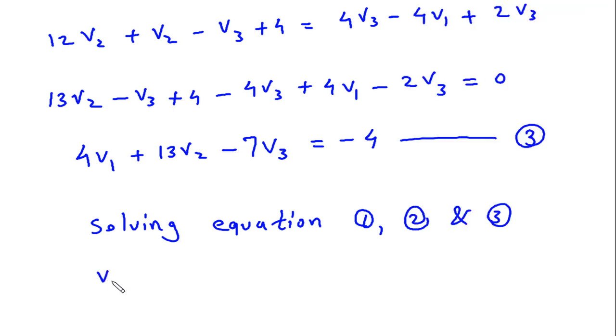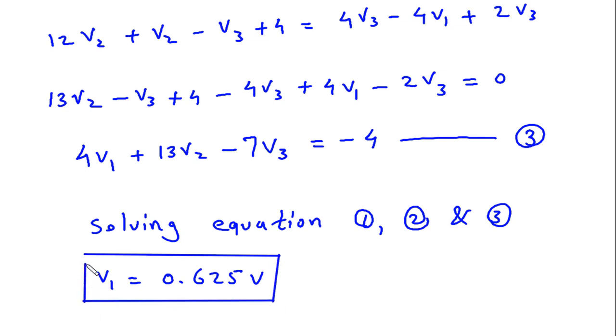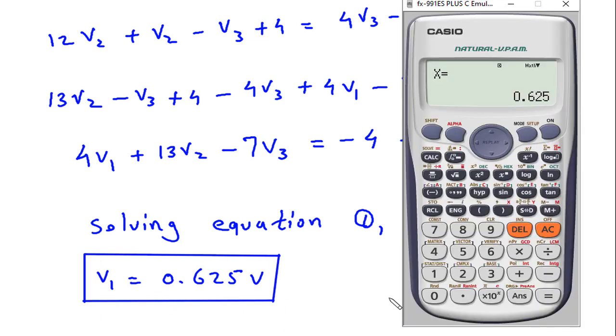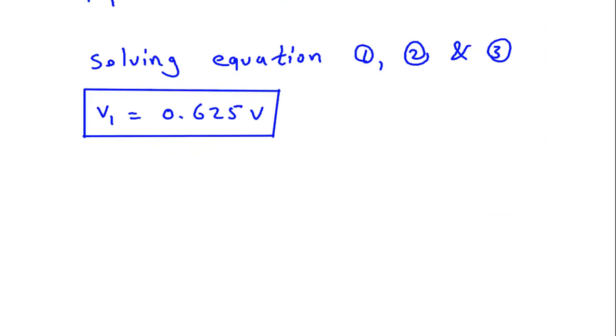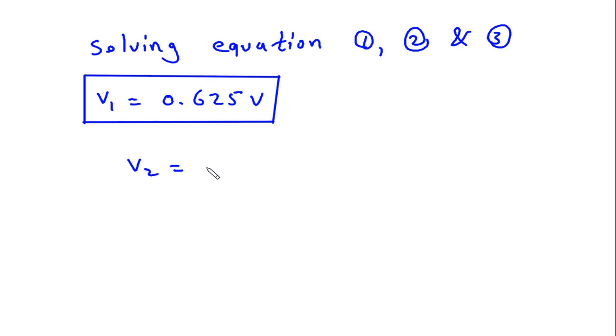So V1 is equal to 0.625 volt. V2 is equal to 0.375 volt.